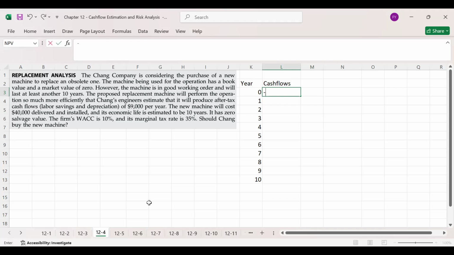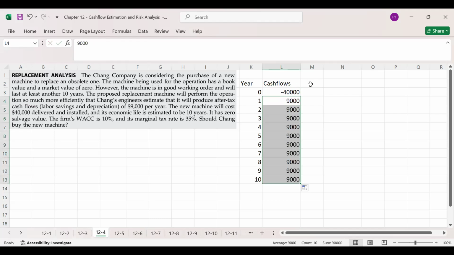So that's why it is minus 40,000 at year zero. Then 9,000 is the cash inflow or after tax cash flow each year till the end of the useful life, which is 9,000 for 10 years because the useful life of the new machinery is 10 years.